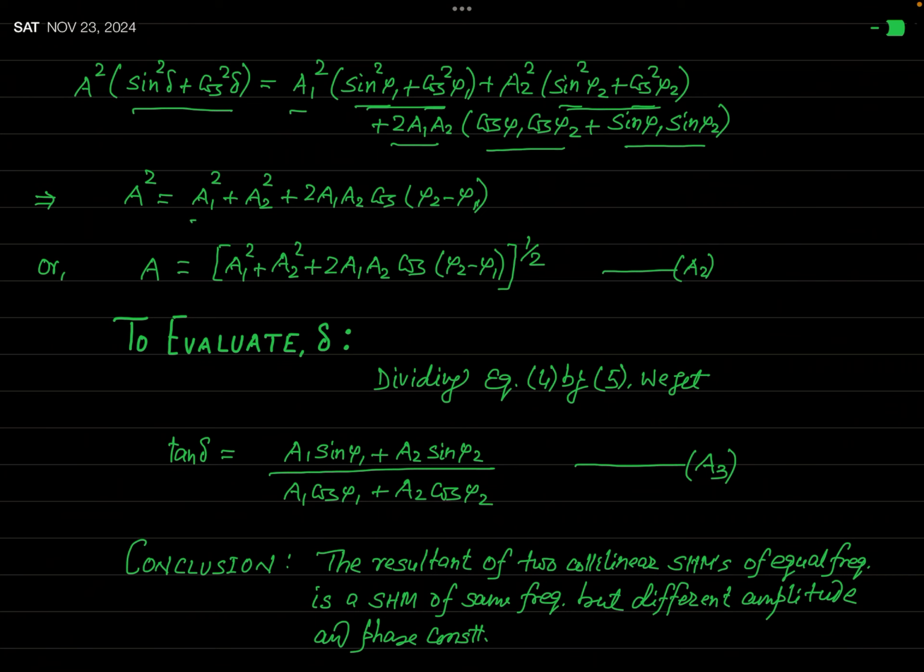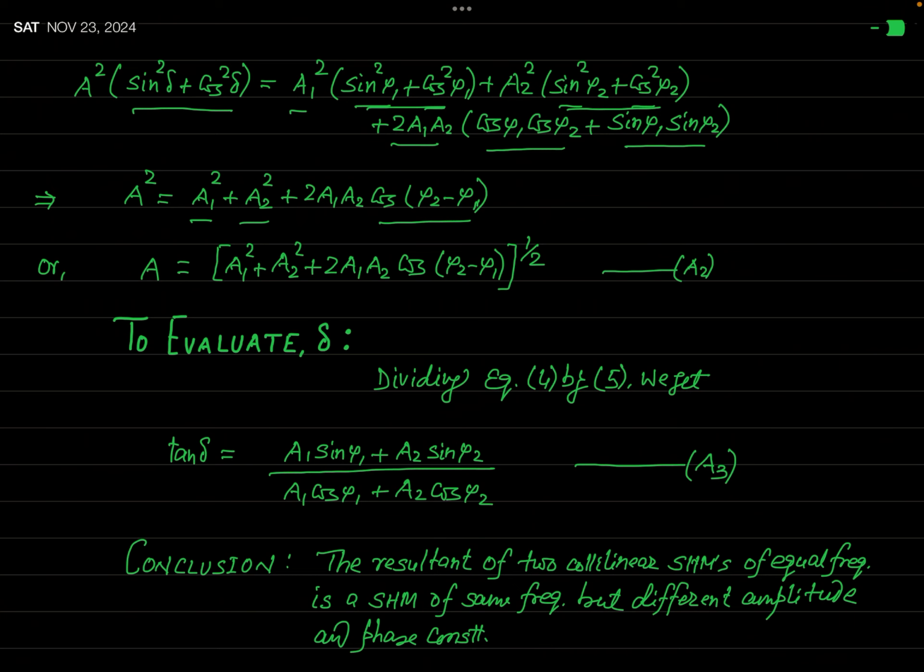So in the RHS, the first term is A1 square and the second is A2 square. And again, see the expression cos phi 1 times cos phi 2 plus sin phi 1 times sin phi 2. What is this? This is equal to cosine of phi 2 minus phi 1 or phi 1 minus phi 2.